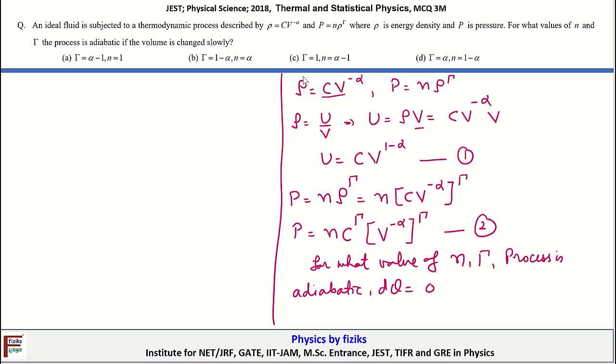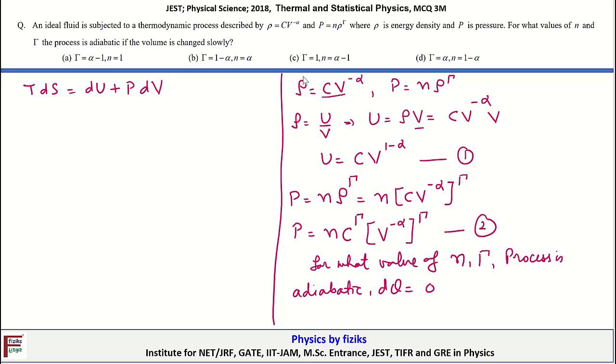We have the modified form of the first law of thermodynamics, that is dQ equal to dU plus P dV, or I can write T dS equal to dU plus P dV.